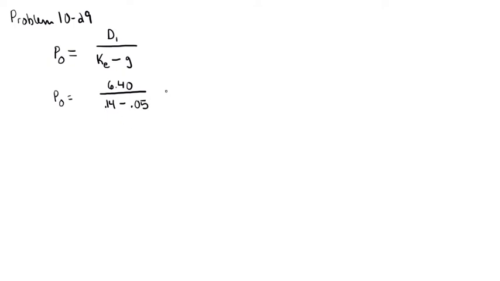And that equals 6.40 divided by 0.09, and if you do the math on that with your calculator, the current price of the stock is $71.11. Okay, current price of the stock.